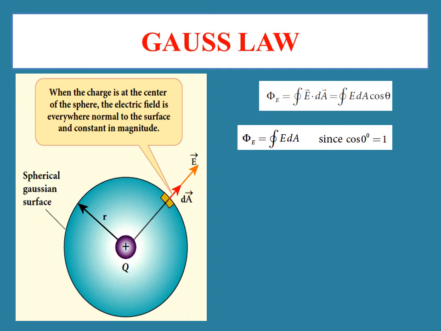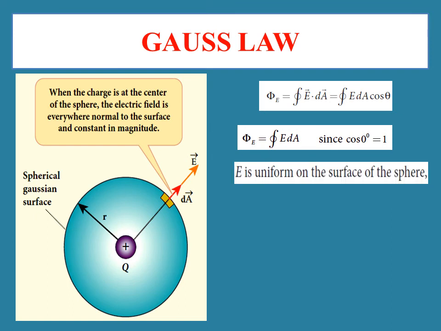Now, theta is equal to 0, so cos 0 will be equal to 1. Therefore, the flux linked will be equal to the closed integral of E dA. E is uniform on the surface of the sphere, so in general, flux is equal to E times the closed integral of dA.